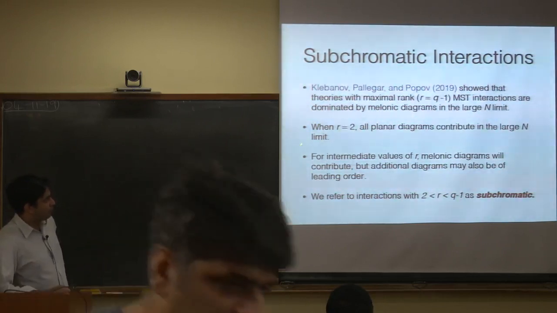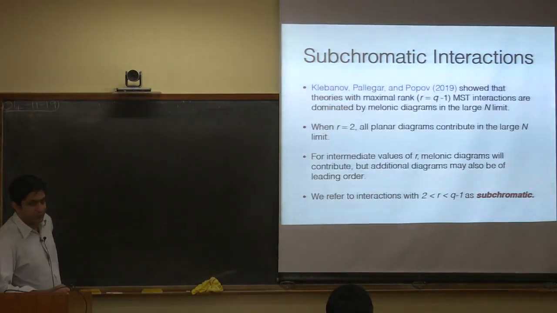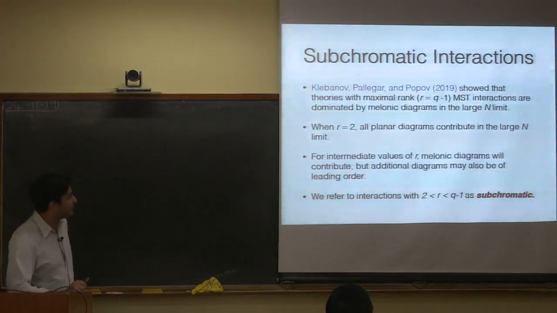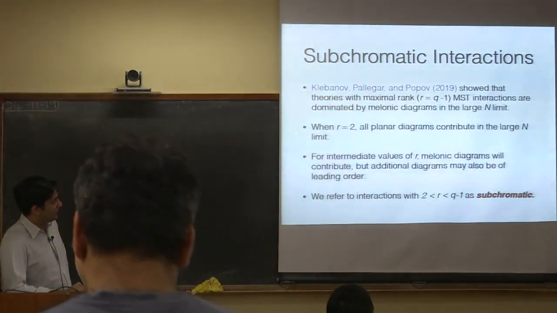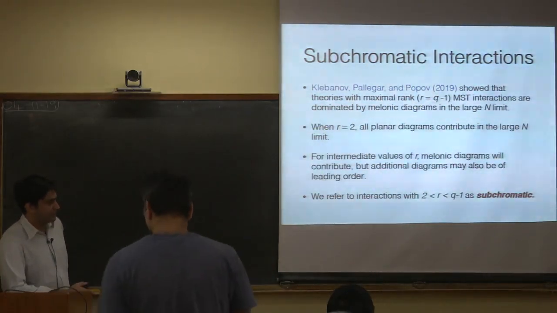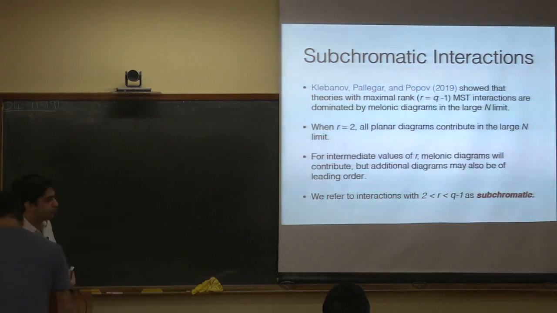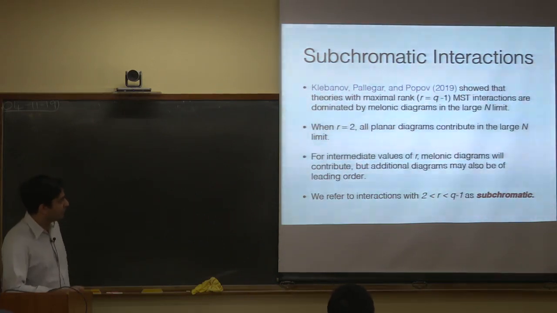Okay. So for a rank 2 MST interaction, it is dominated by just planar diagrams, which you can't sum. One can show that if you study a maximal rank MST interaction, where rank is Q minus 1, then the diagrams are just melonic diagrams, which we know how to solve.